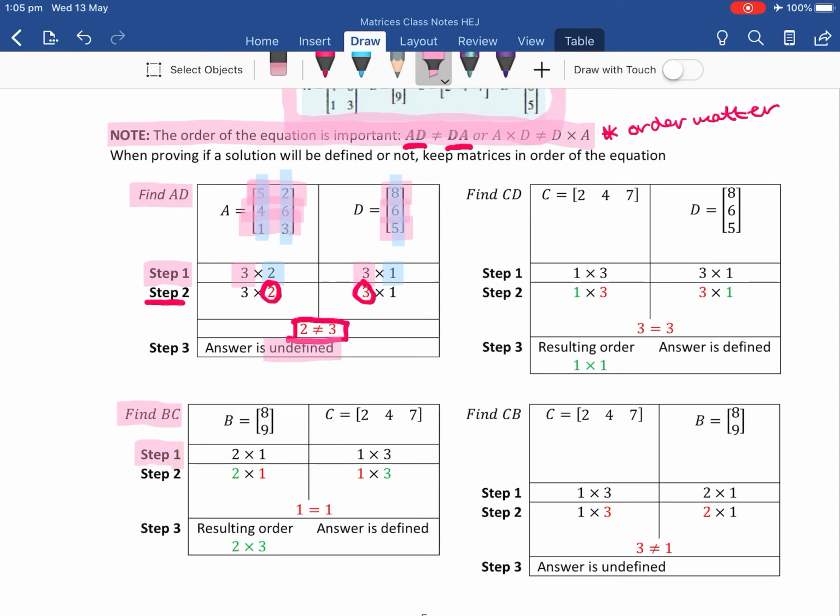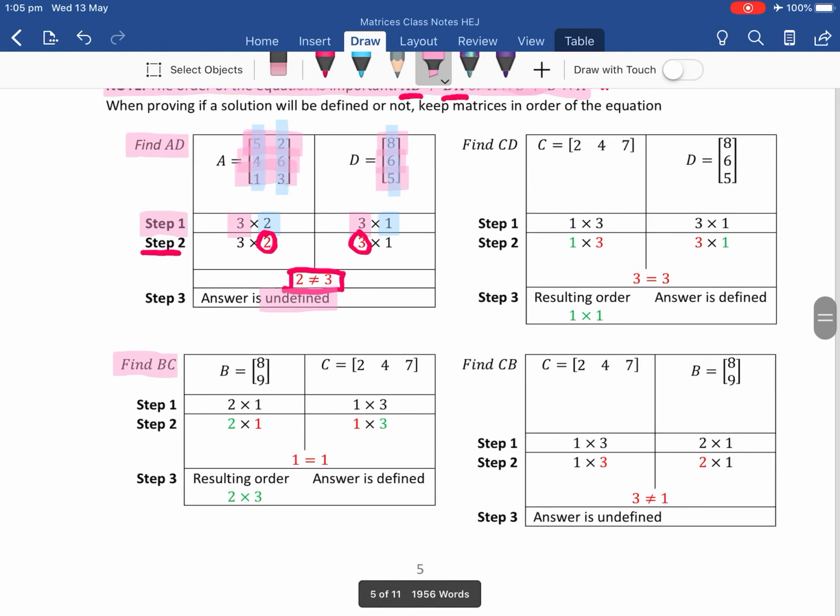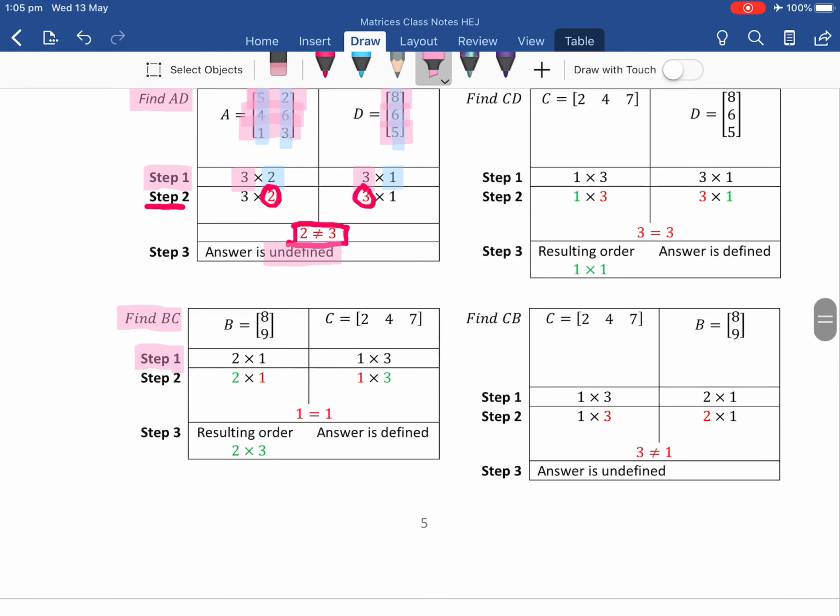So step 1, write the order of the matrices. If you're not sure what step 1 is, go back up here. Step 1, write the order of the matrices. So this one, B, is 2 rows and 1 column. And for C, we've got 1 row and 3 columns.